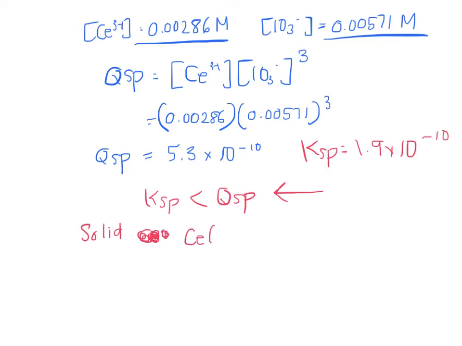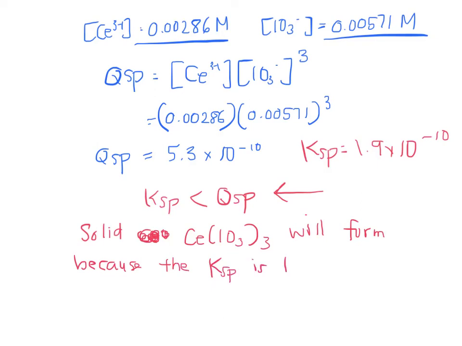Solid cerium iodide. Solid cerium iodide will form because the KSP is less than QSP.